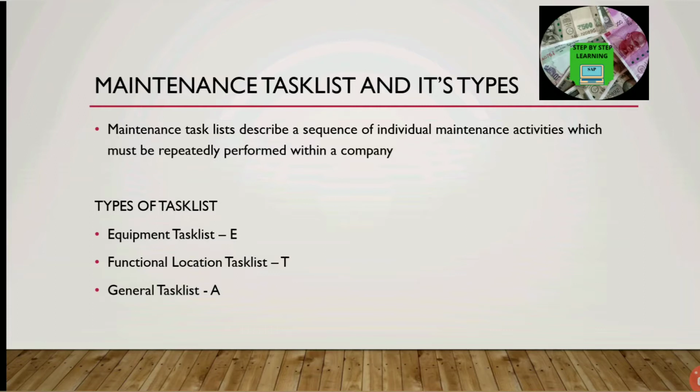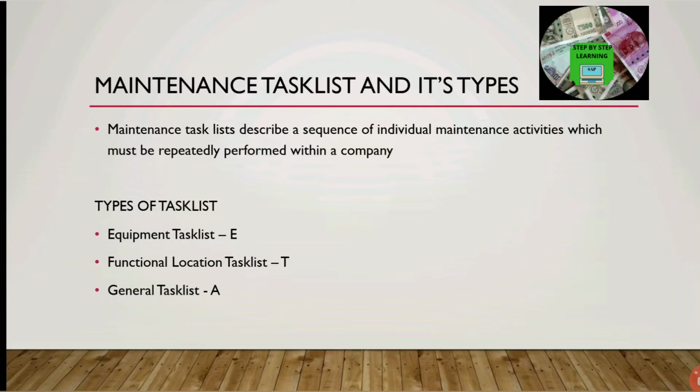When you create the maintenance order with reference to the same equipment, you can select the task list from the maintenance order directly. That is one of the main advantages of the equipment task list.